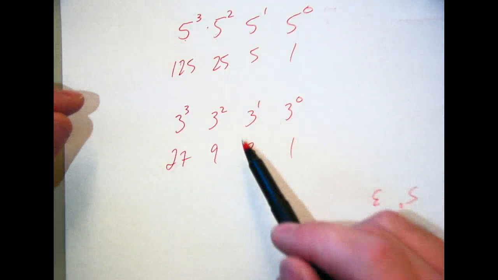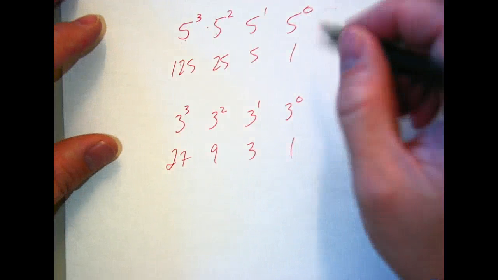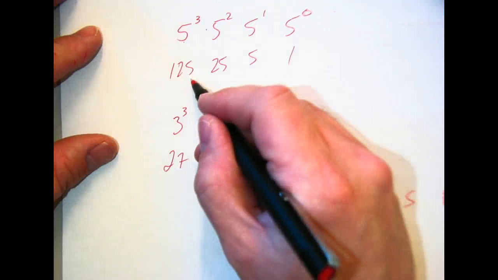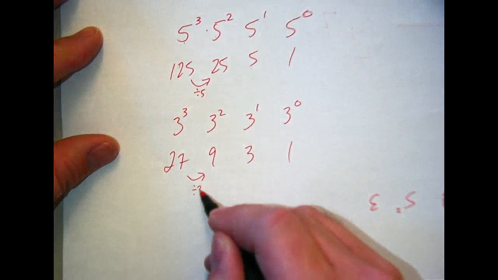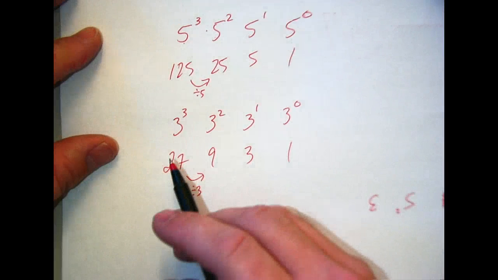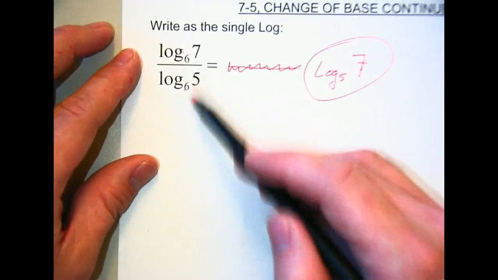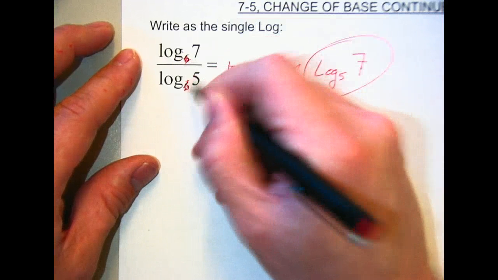So when we say, why is anything to the 0 1? Well, it's because you're dividing by a common amount each time. Now, it's not the same thing depending upon the base. When you're dealing with this, where we can divide by the same, it doesn't matter what this number is. It's because the bases function in that similar way. I don't know if that makes sense.